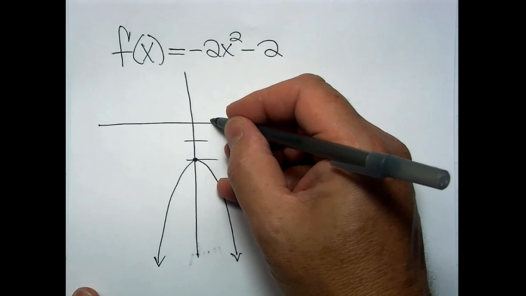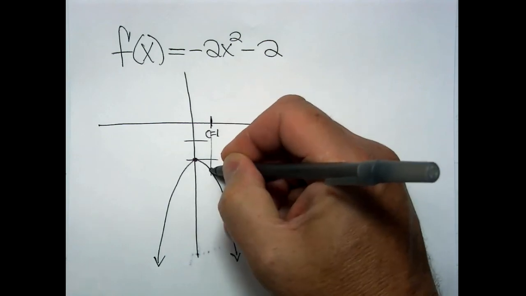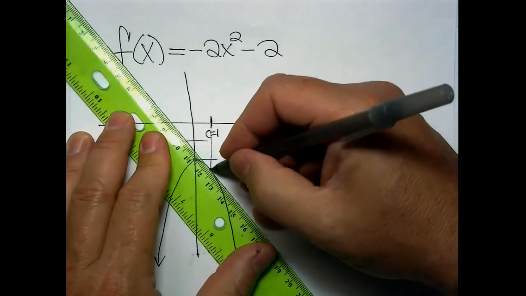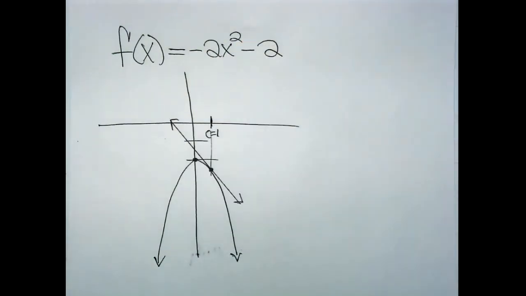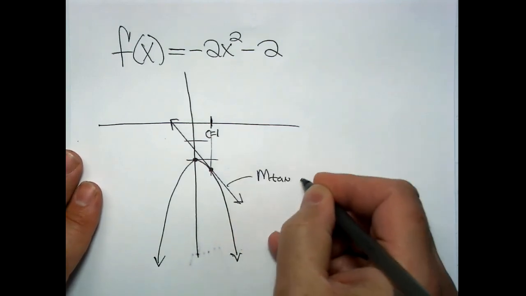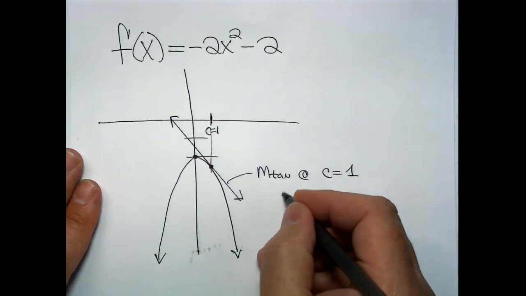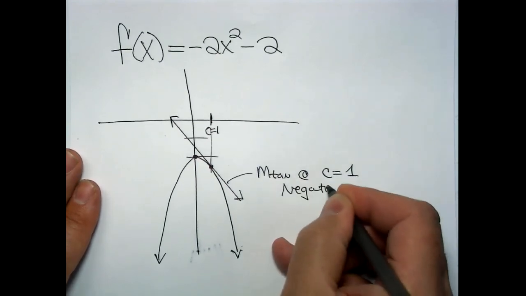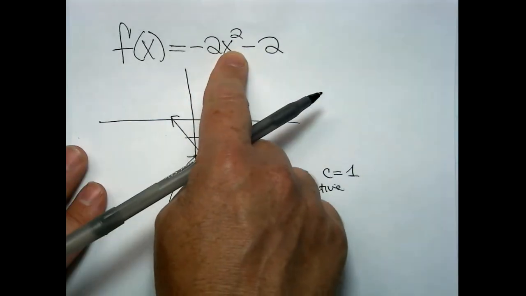My prediction is here at c equals 1, I should get a positive sloped tangent line. I'm sorry, it's a negatively sloped tangent line. So the tangent slope at c equals 1, the only thing I really know is that it's negative. It's going down when you read it from left to right. And let's see if it works.